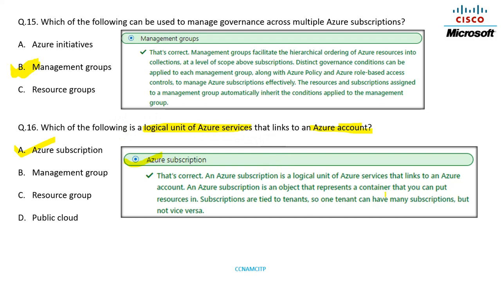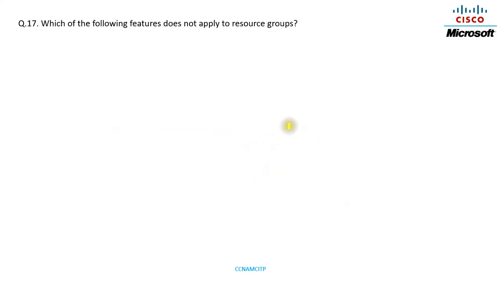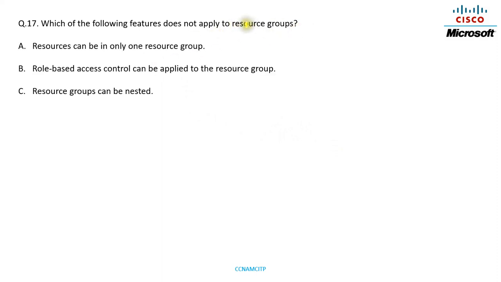Now I will take you to the next question, which is 17th. Which of the following features does not apply to resource group? So guys, you got three options here: resources can be in only one resource group, role based access control can be applied to resource group, and resource group can be nested. So you have to select the one that does not apply.